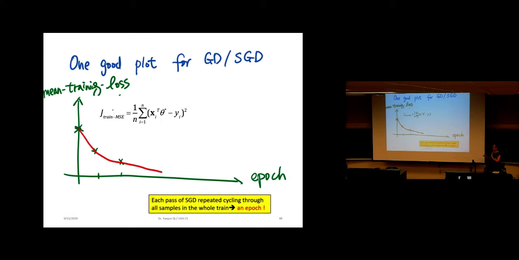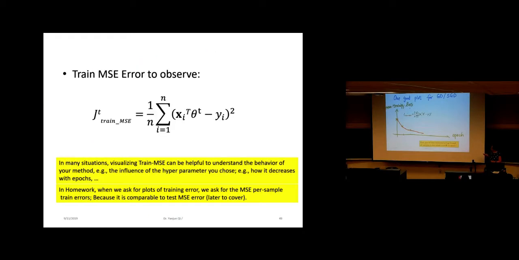In the homework, we ask you to plot epoch versus the training loss. This is a very good figure to tell you how good or how close you are. And the error you're going to plot is the train MSE.